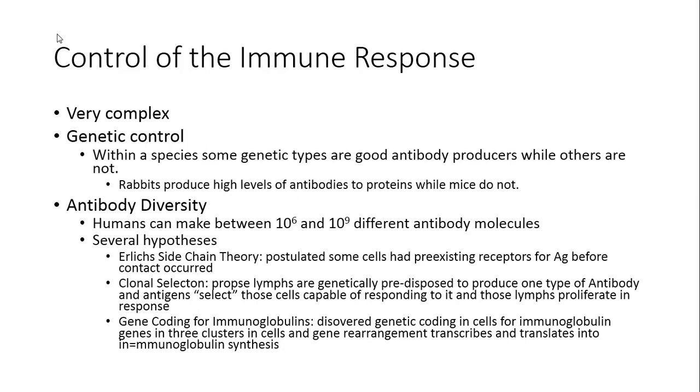So we're not off producing high levels of the antibody every time we see an antigen. We don't trigger every single potential antibody every time we see an antigen, right?